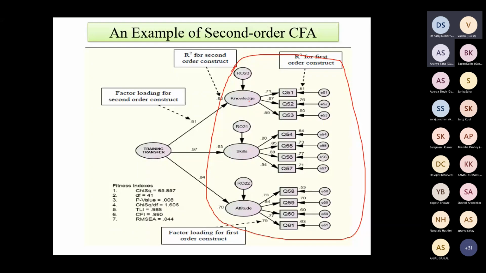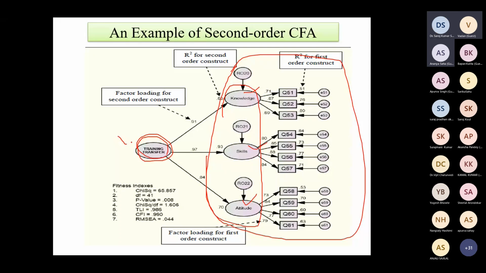I have taken a figure from one of the famous articles. That author has measured knowledge, skill, and attitude. Knowledge, skill, and attitude summarily build training transfer. These 3 constructs are measuring training transfer.